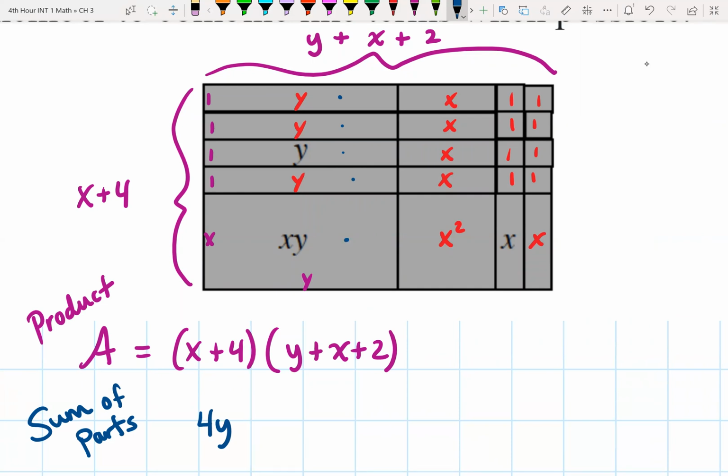We only have one xy tile. 1, 2, 3, 4 x tiles. One x squared tile. 2 more x tiles, and 1, 2, 3, 4, 5, 6, 7, 8 individual tiles.